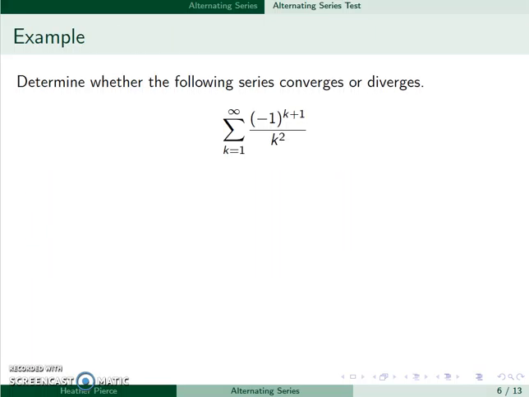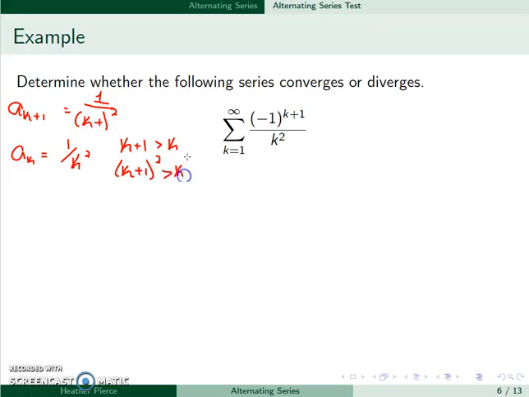Now, for instance, let's look at the alternating series of 1 over k squared. The first step is to look at a sub k plus 1, which is 1 over k plus 1 squared, and a sub k, which is 1 over k squared. We can see that k plus 1 is greater than k, which means k plus 1 squared is going to be greater than k squared.